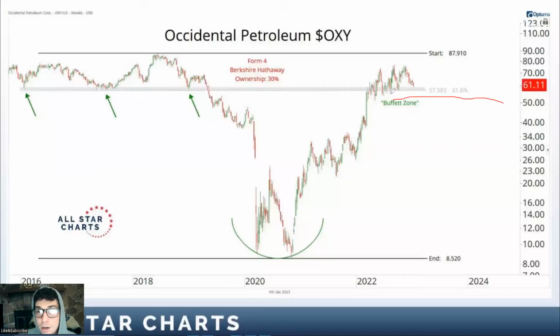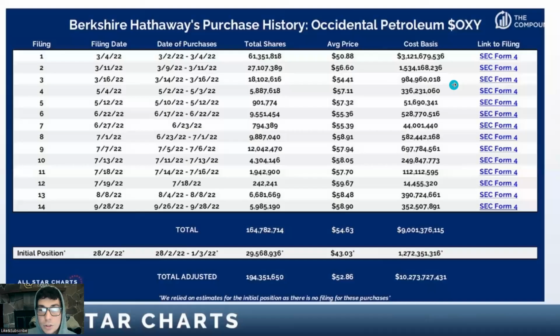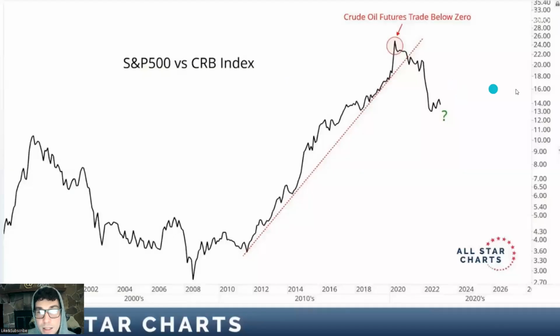I'm not saying you have to mirror Warren Buffett or that trying to emulate him is going to give you success, but this is the area where he's buying, right? He's not really buying the highs up here. He's accumulating down here in this range between 50 and 60. So it's going to be real interesting to see what can happen. You can see these were prior levels of demand before, and so he's coming in and buying these same levels again. So yeah, I just wanted to kind of go over some of this stuff.